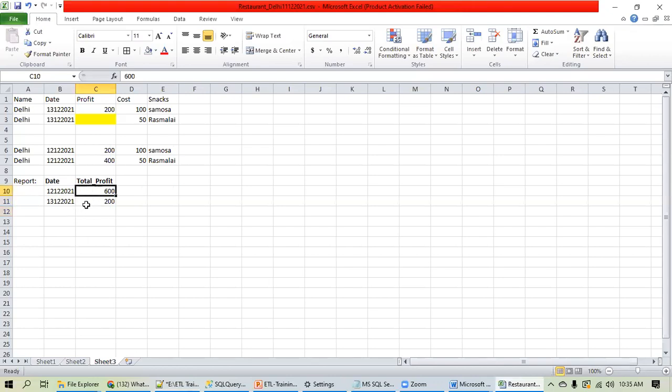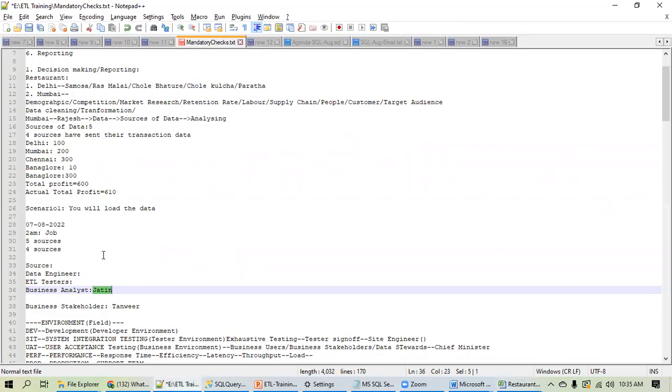Yesterday it was 600. Today I'm looking at this 200. So please check what is the reason. It seems our business is not performing well. Now what will Jatin do? What should be the action plan of Jatin? Any idea?